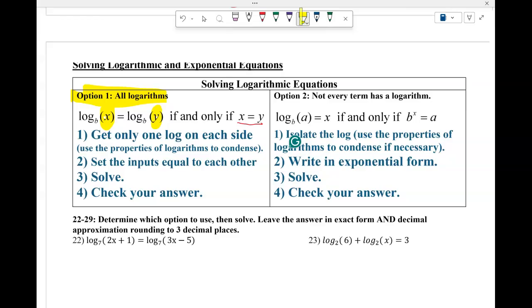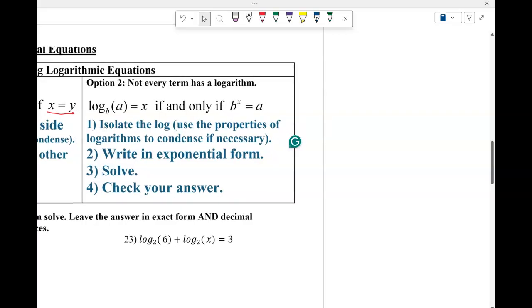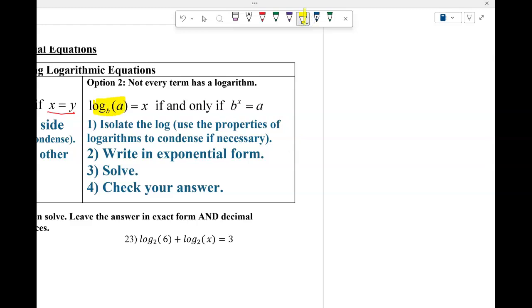Okay. Now, option number 2 says not every term has a logarithm. So in a case where we have log base b of a on one side, it could be the right or left side, equal to a side that doesn't have a log, then we can rewrite it in exponential form because we don't have a log to drop from each side.